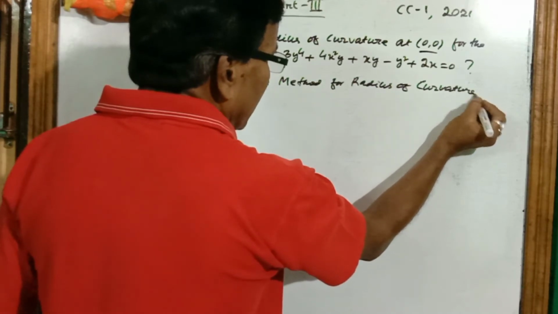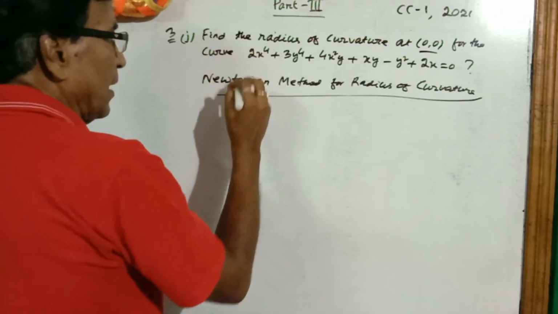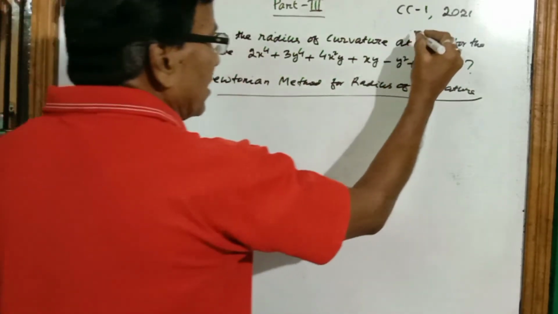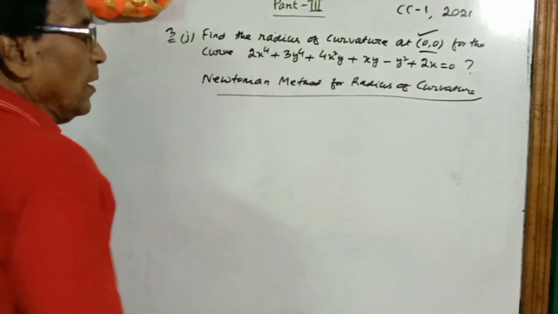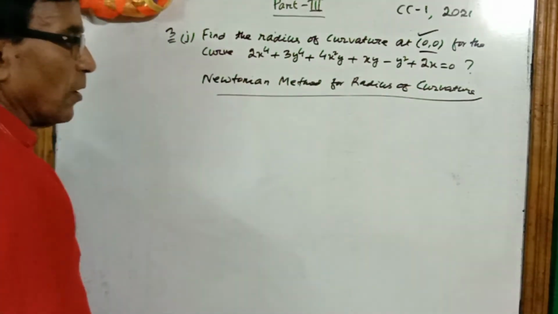What is that method? Here you see that first we have to check whether the given curve is passing through the origin or not. So first you verify that.